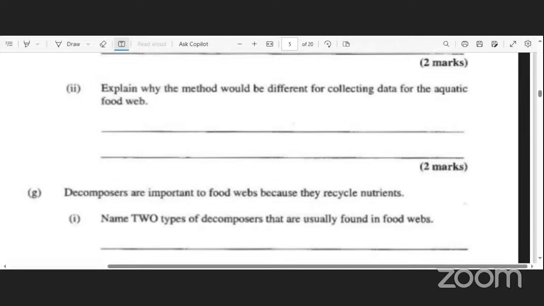So remember I said earlier, the quadrat is definitely used in aquatic ecosystems to collect data for seagrass beds. All right. So we need what? Wait, don't just go out into the water like that.